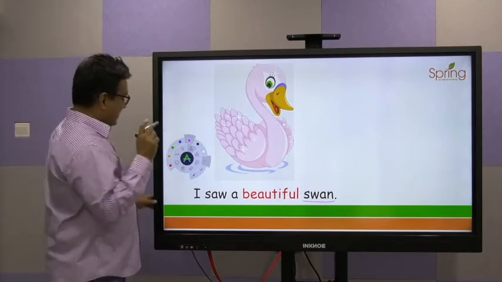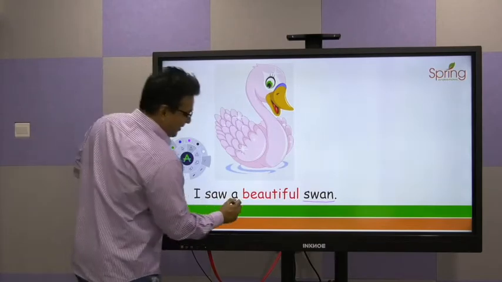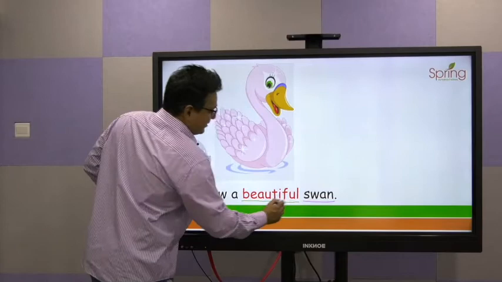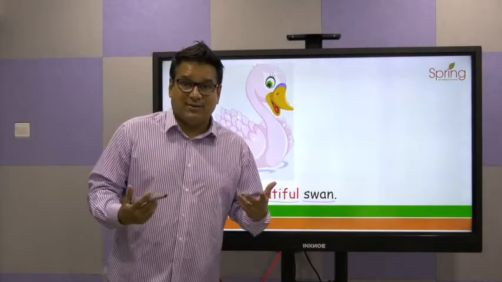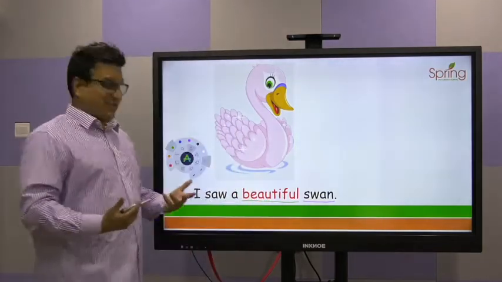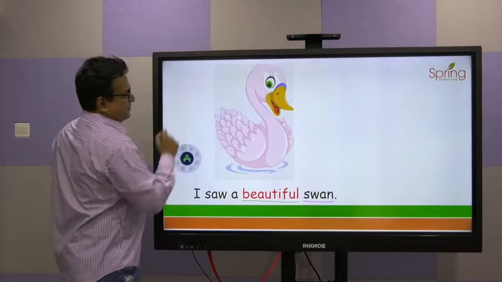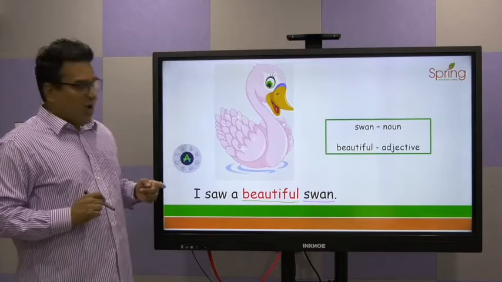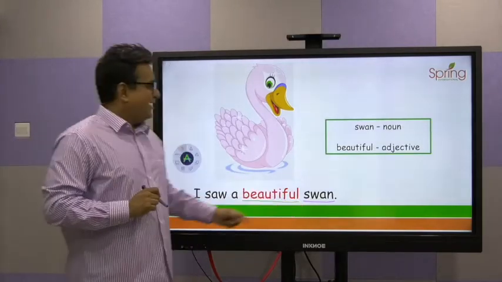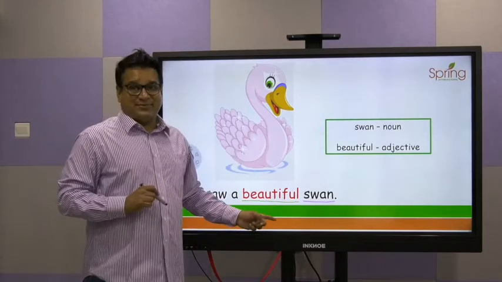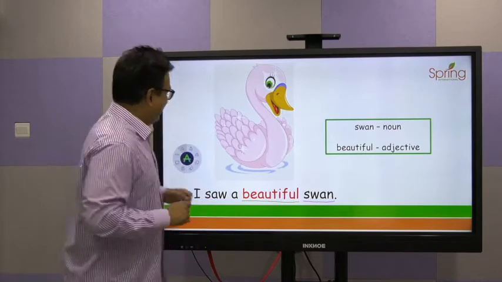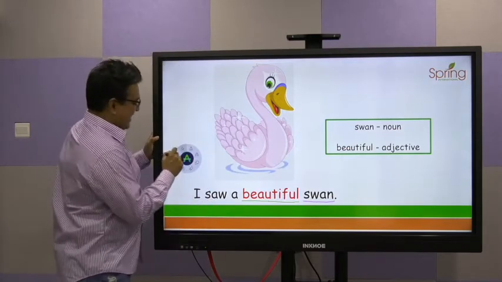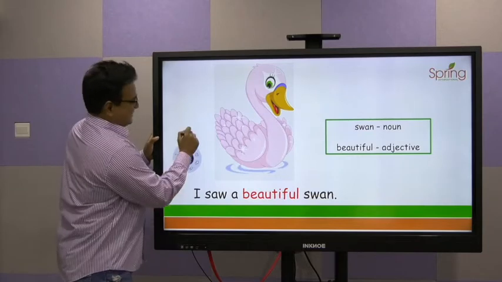Correct. And the adjective is beautiful. Because beautiful describes the swan. It tells you how the swan looks. Okay? So, the swan is the noun and beautiful is the adjective. Clear? Very good. Let's go to the next sentence.